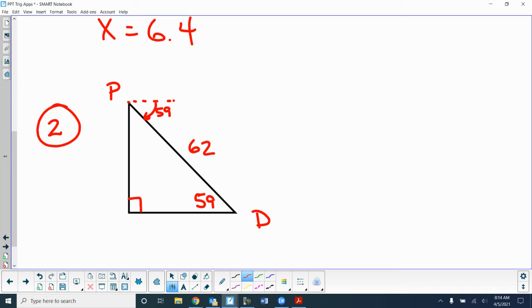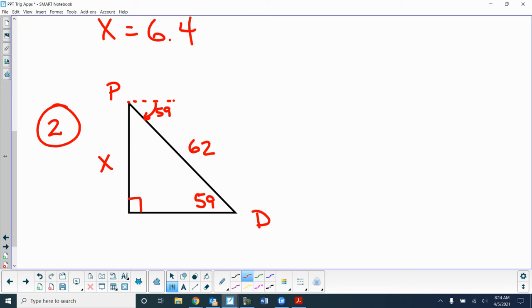You might have put the 59 up in the triangle there, but actually, a hunter looks out and sees the deer walking towards him. So the 59 is from the ground, from the deer to the ground up into the hunter, to Pat. Okay? So we're looking for this.